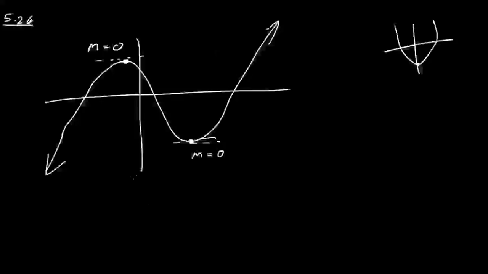Okay. So they say, oh, by the way, the gradient is 0 where dy by dx equals 0, i.e. the derivative equals 0, but we know that the derivative is just the gradient.